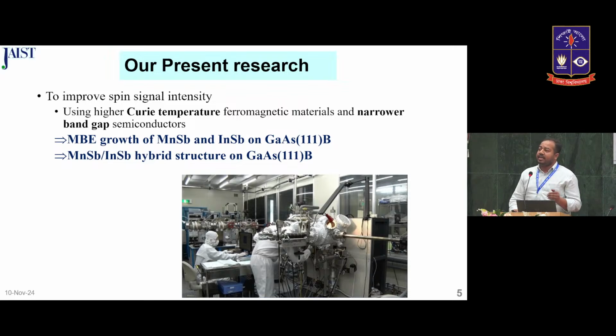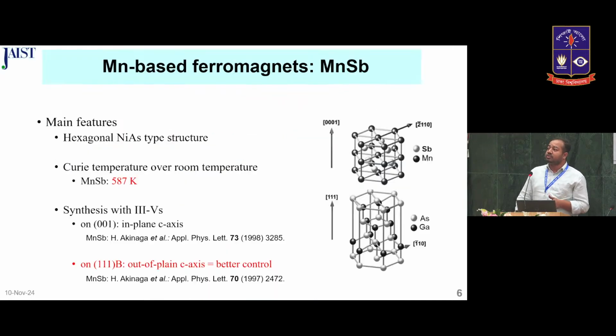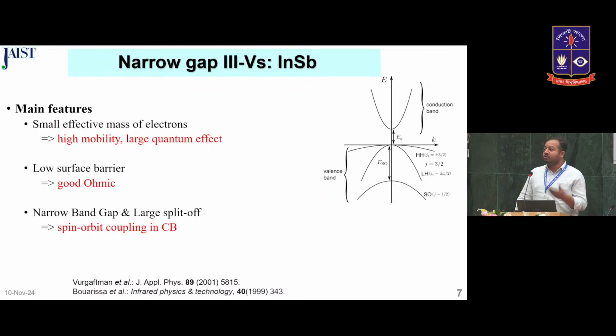As well, manganese antimonide is hexagonal with 6-fold symmetry, which stacks very well on gallium arsenide, which has 3-fold symmetry. And indium antimonide has a narrower band gap compared with indium arsenide, and the electron effective mass is also lower than indium arsenide. So we also chose indium antimonide for improving the signal quality.